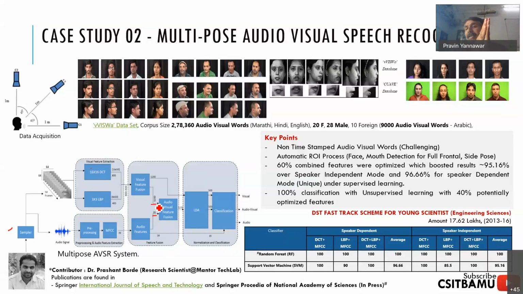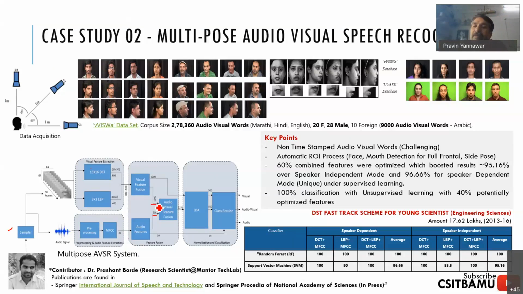Speaker dependent and speaker independent means, for example, in the training case there are 10 speakers, with 10 samples each. So 10 multiplied by 10, there are 100 samples. Out of that 100 samples, if I use 60% for training and 40% for testing, then whatever 40% samples are used for testing, their training samples are already there in the training set.